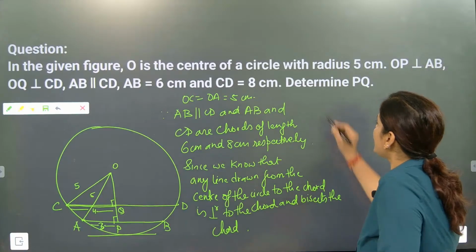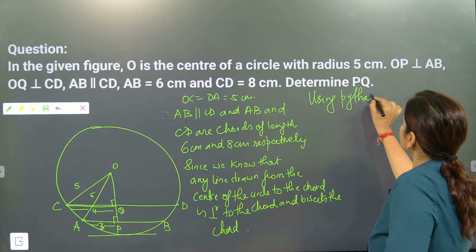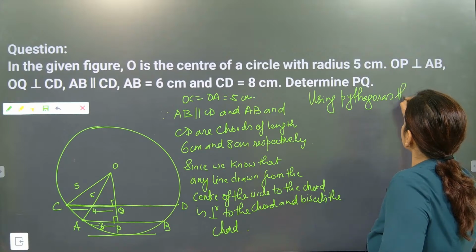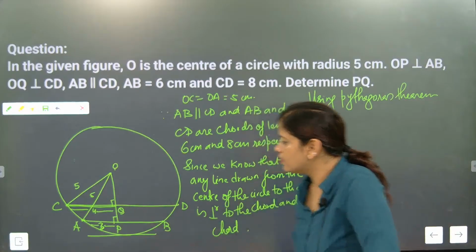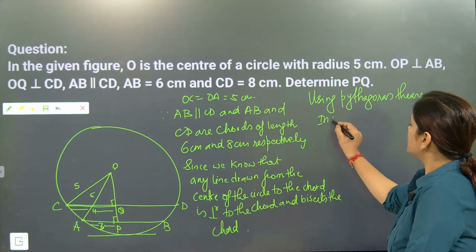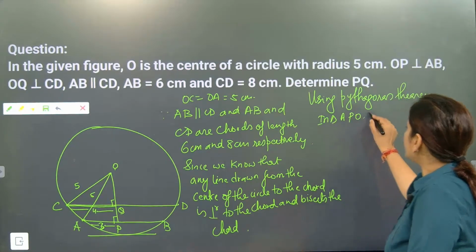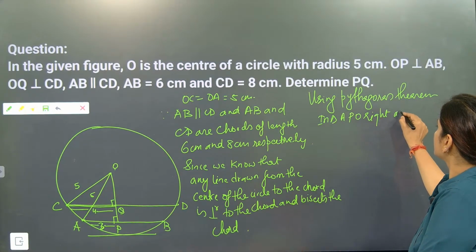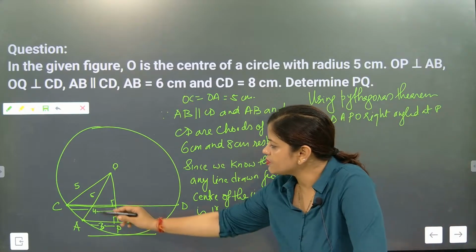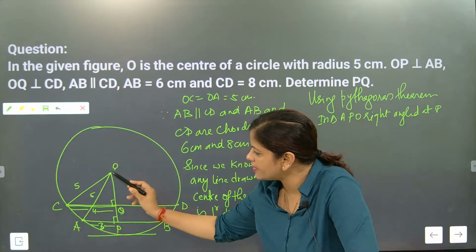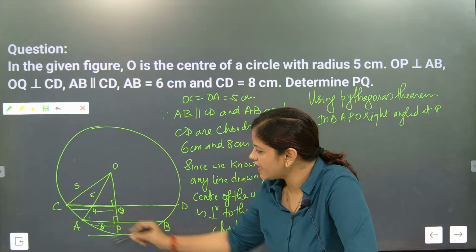So using Pythagoras theorem, in triangle APO, right angled at P, this is 5, this is 3. So this is the 5 radius.